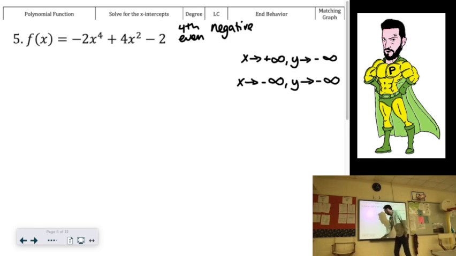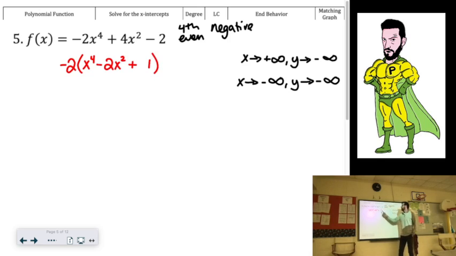Factor it, solve it. We'll factor out our negative 2 first, which would leave us with x to the 4th minus 2x squared plus 1. Factors of 1 that add up to 2 would be 1 and 1. They would have to both be minus here. So we have x squared minus 1 and another x squared minus 1.